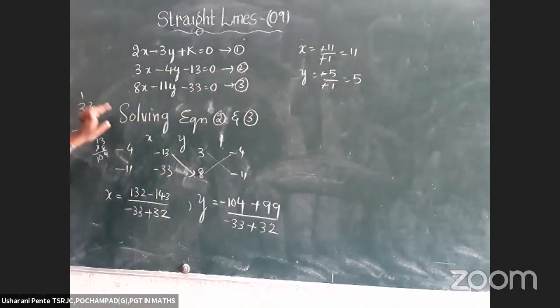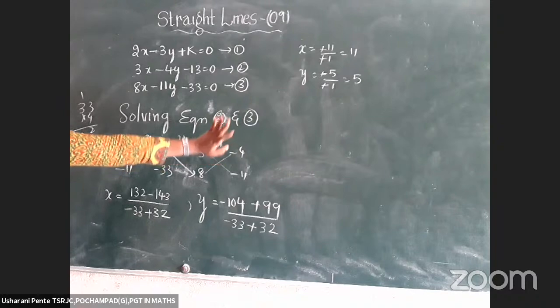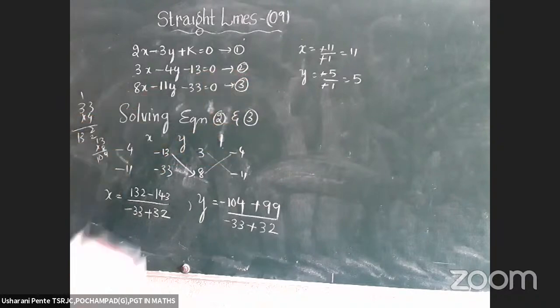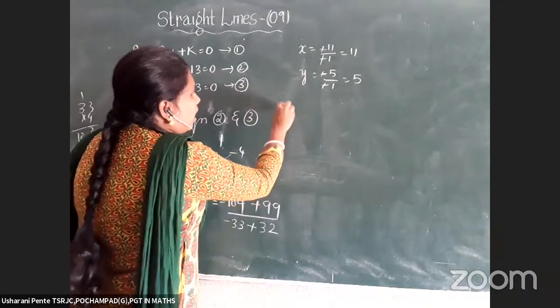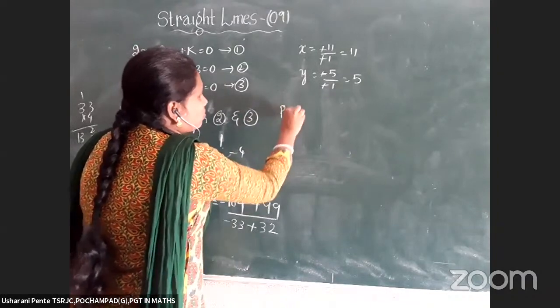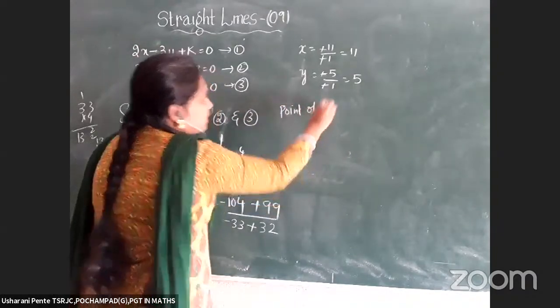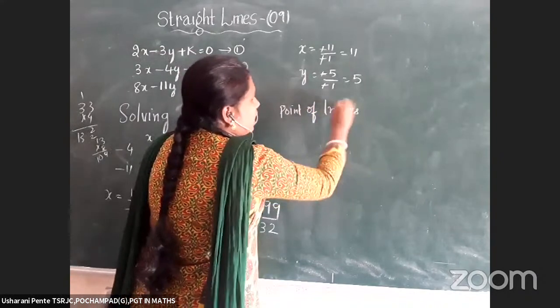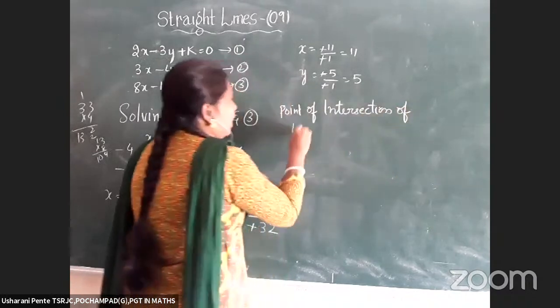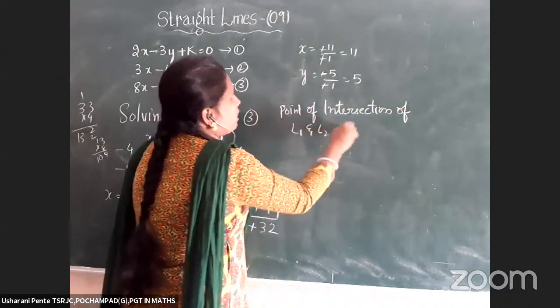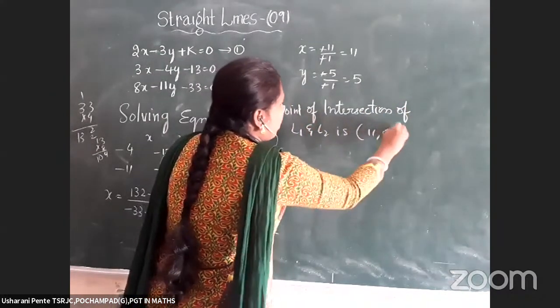Therefore, the point of intersection of these two lines is what? 11, 5. Therefore, the point of intersection of L1 and L2 is 11, 5.